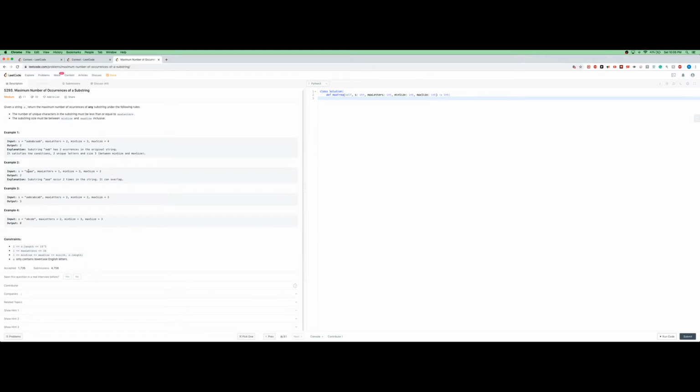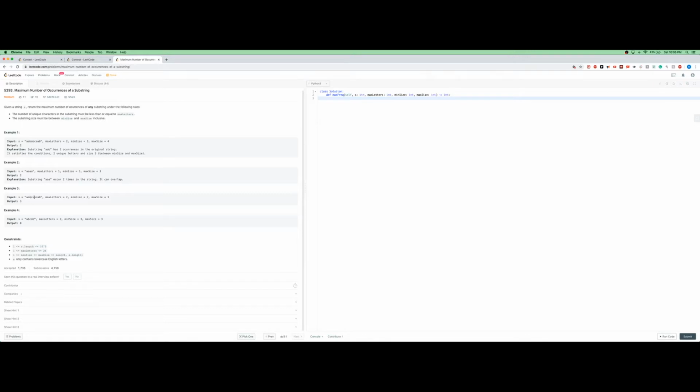But the substrings that we consider can overlap, so in that case these 3 A's and these 3 A's constitute 2. The size is 3, so it is within the range. Okay, so both conditions are valid.